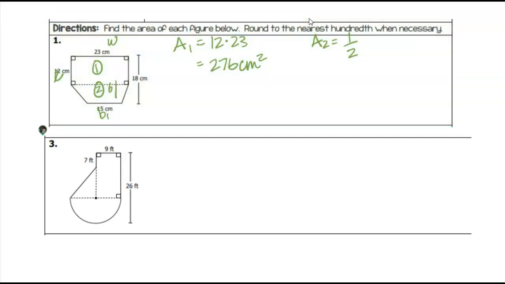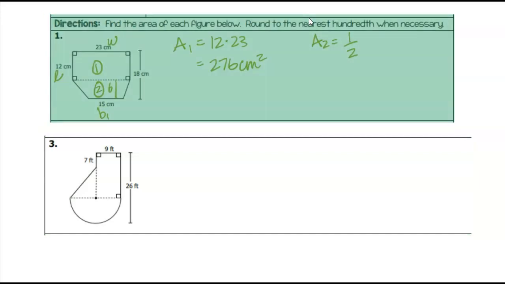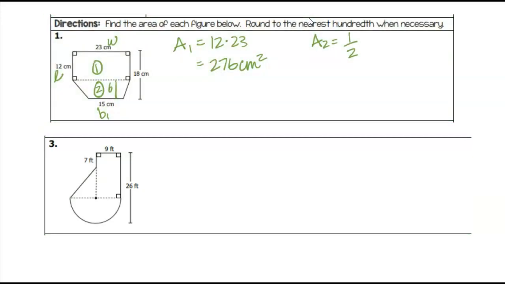Sorry, moving it around a little bit. There we go. So I have 23 down here as well. That's a 3. So 15 plus 23 and then times my height of 6. And when I multiply that all out, I get 114 centimeters squared.